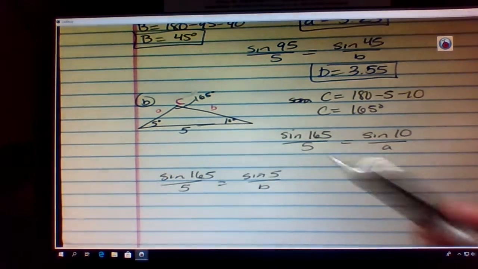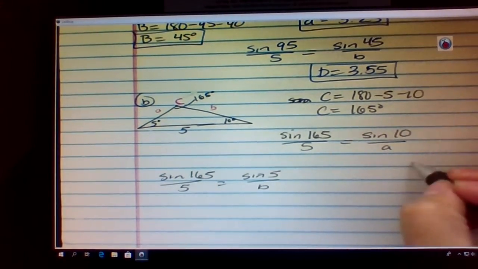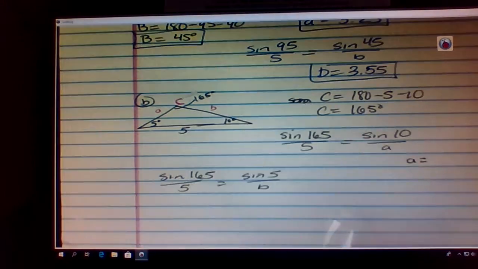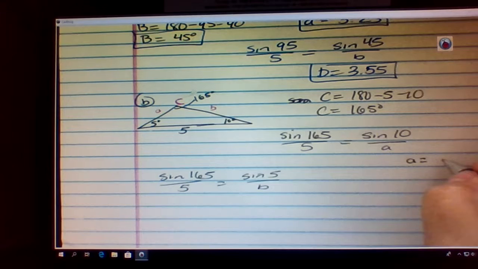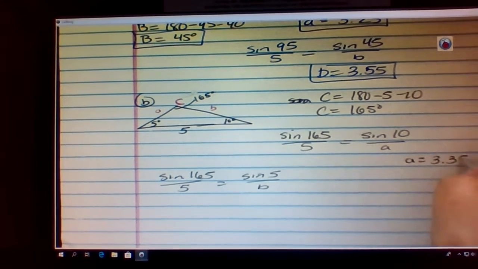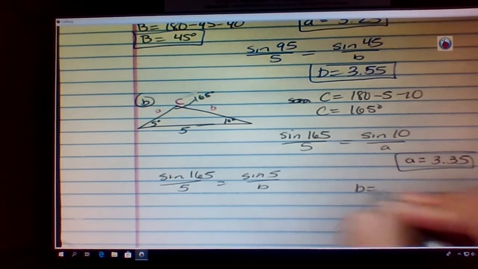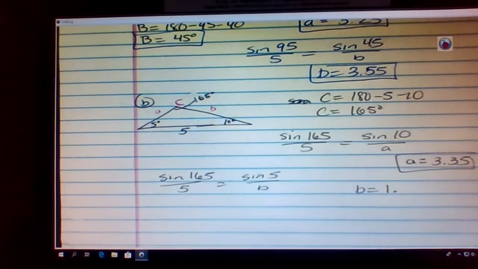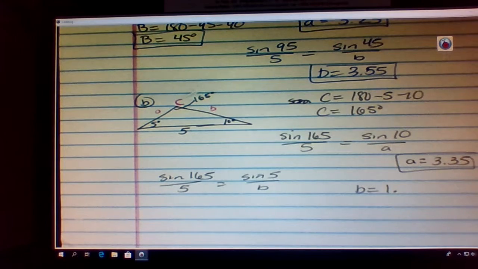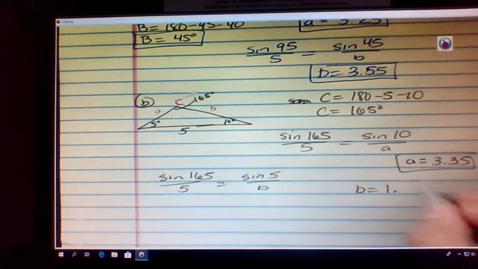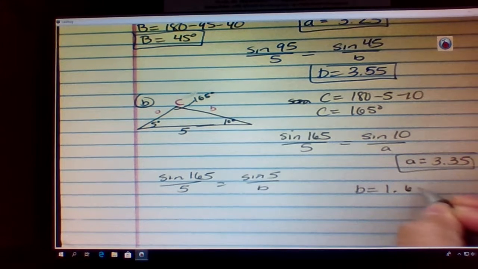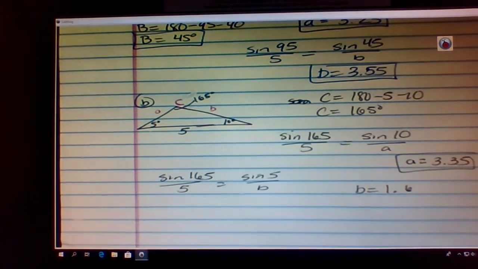You set them up and cross multiply, and a is 3.35, and b is 1.68. I got 1.68, but I might be wrong. Somebody else do it. It is 5 sine of 10 divided by sine of 165.